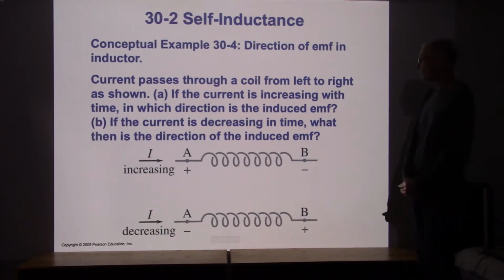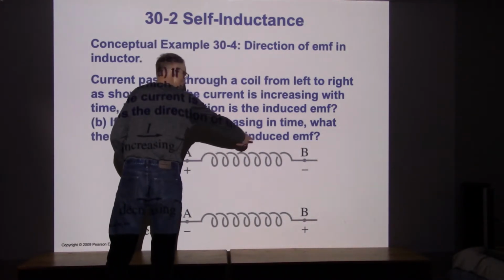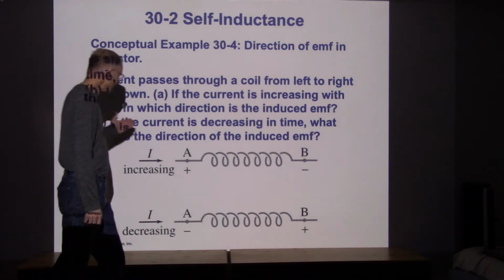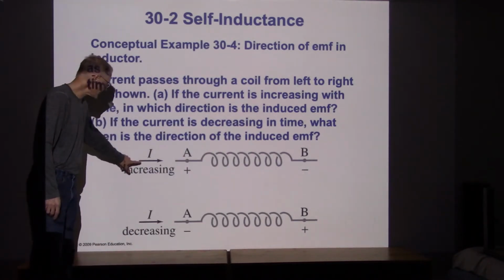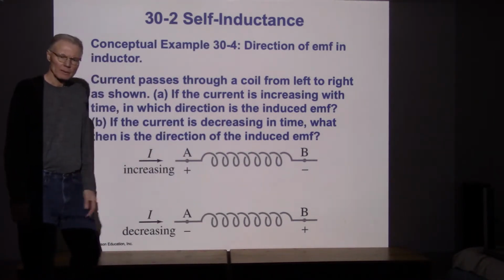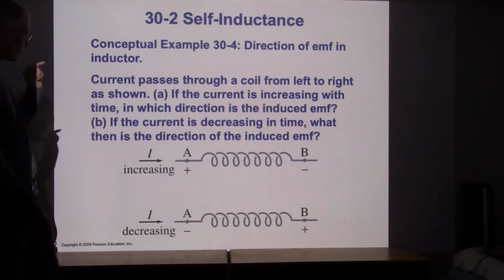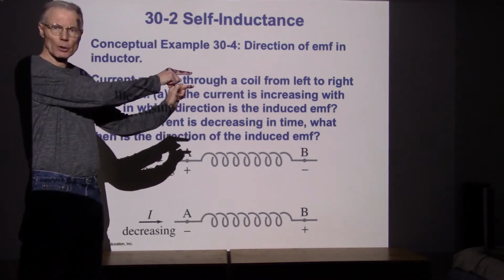So again, self-inductance is based on this idea. Let's say here's where the solenoid is. Let's say that we have current heading in this direction, and that current is increasing. Well, then what's happening in terms of the charges is I can think of a velocity in that direction as well as an acceleration.